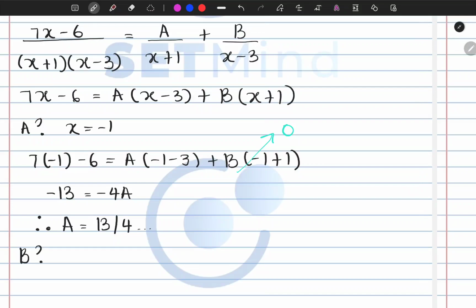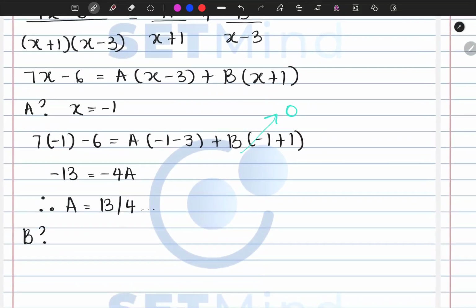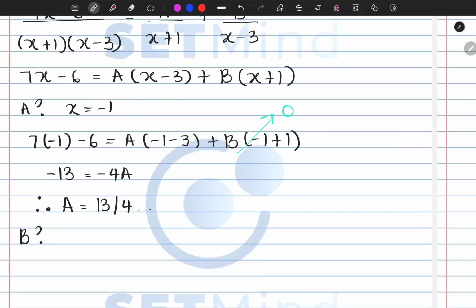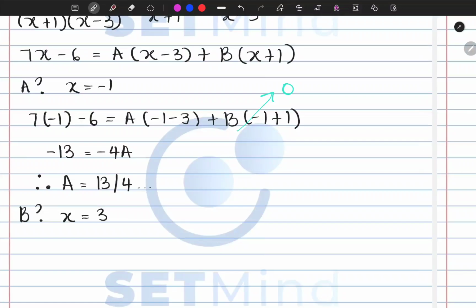So if you look at B on that expression above here, you should be able to see that you only need to set x is 3 to be able to find B, which means we'll have 7 times 3 minus 6, equal to A into 3 minus 3 plus B into 3 plus 1.